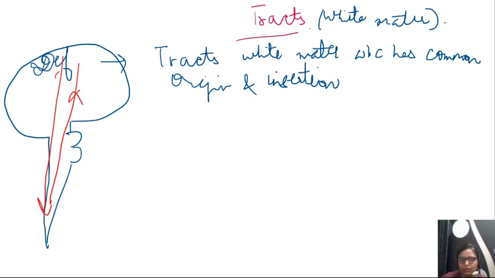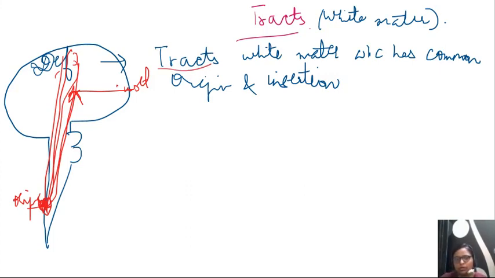Means these have the common origin as well as common insertion. If we see, it originates from here and inserts here. Fine. So these have the common origin and common insertion and run vertically in the spinal cord and the brain. Fine. So these are called your tracts.